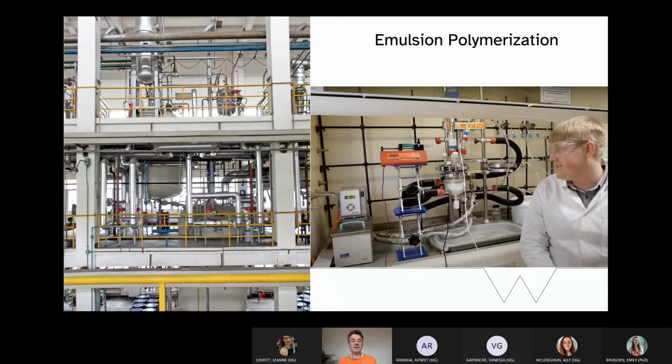Now, commercially, these things are done on a way bigger scale, and on the left-hand side, you see a typical batch reactor in an industrial environment, and typically you're making 30,000 liters, 50,000 liters in one go, and the biggest ones in the world produce about 150,000 liters in one go. So you make vast amounts of these particles.